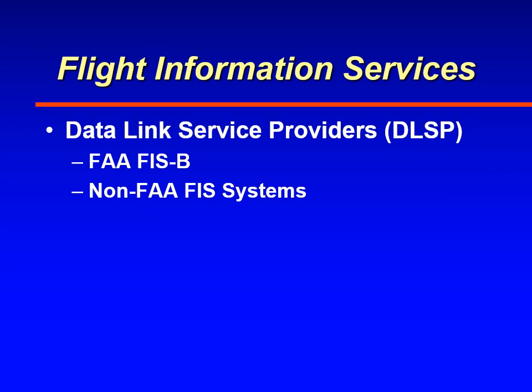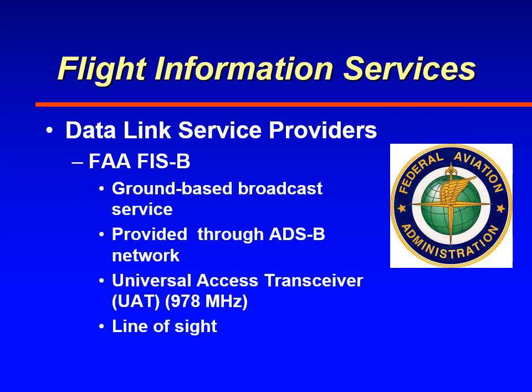The first one will be the FAA, and their system is part of ADS-B. It's called FISB. FISB stands for Flight Information Service Broadcast. It's one way. It's coming to your aircraft continuously broadcast from ground transmitters. This is, of course, the ADS-B network that has been in place for about the past decade.